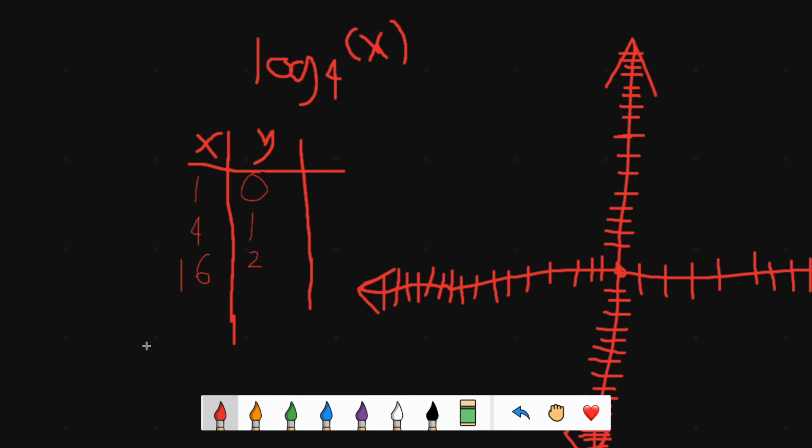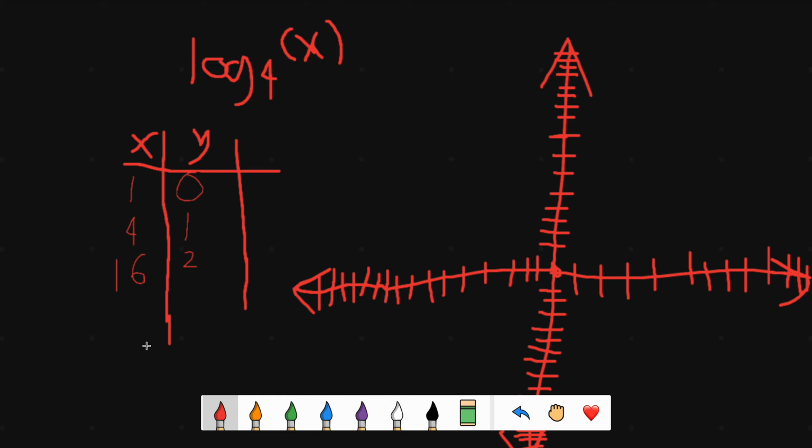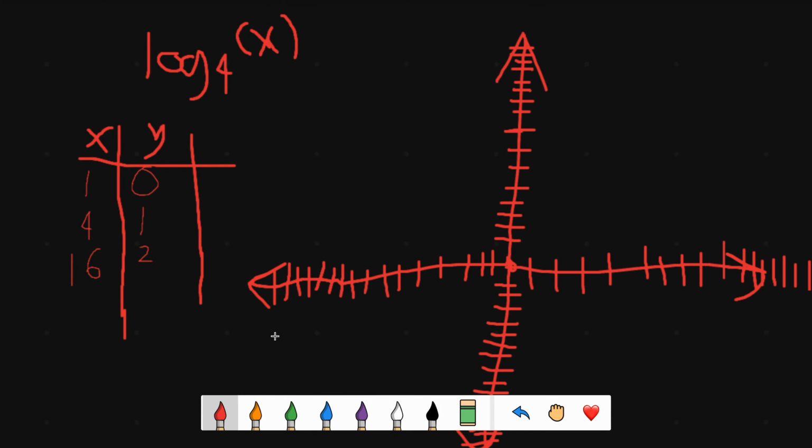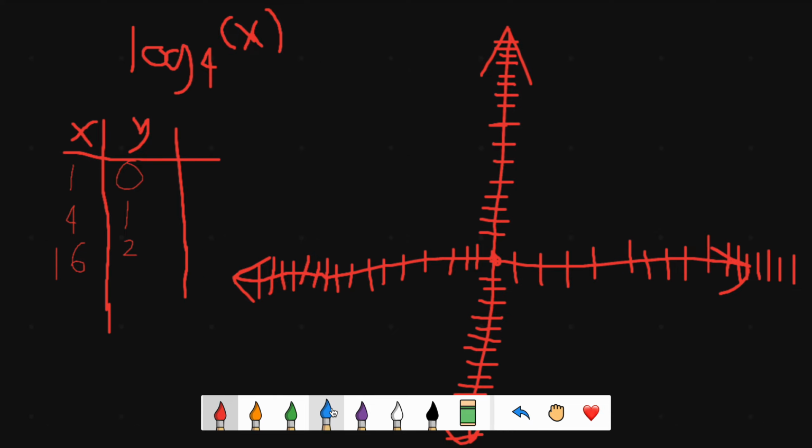So let's graph the function here. Now let's start. 1, 0 is here. 4, 1, so we go here, 4, 1.